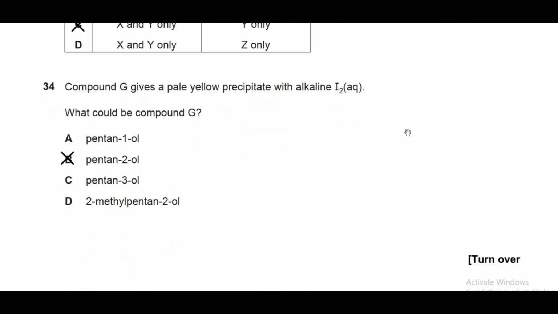Next, 34. Compound G gives a pale yellow precipitate with alkaline iodine, the iodoform test. Which could be compound G?